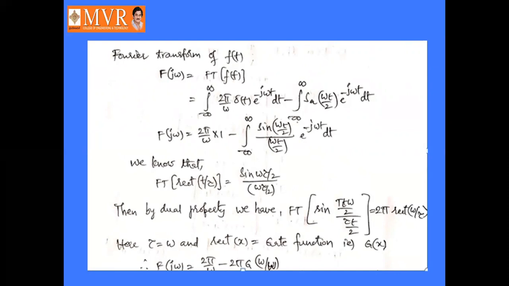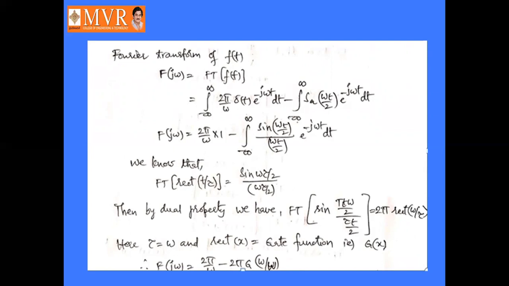Sa of omega t by 2 can be written as sin of omega t by 2 by omega t by 2, into e power minus j omega t dt. We know that the Fourier transform of a rectangular function of t by tau is sin of omega tau by 2 by omega tau by 2. Then by the duality property, the Fourier transform of sin of omega tau into t by 2 by tau t by tau is equal to 2 pi into the rectangular function of omega by tau.